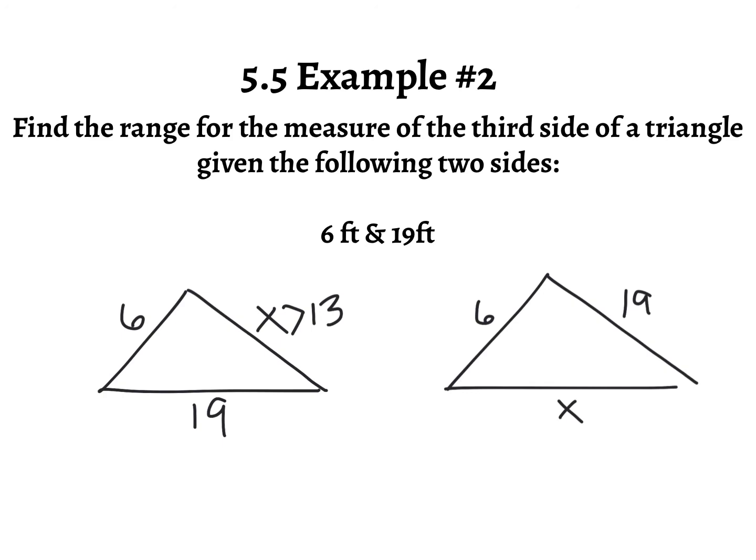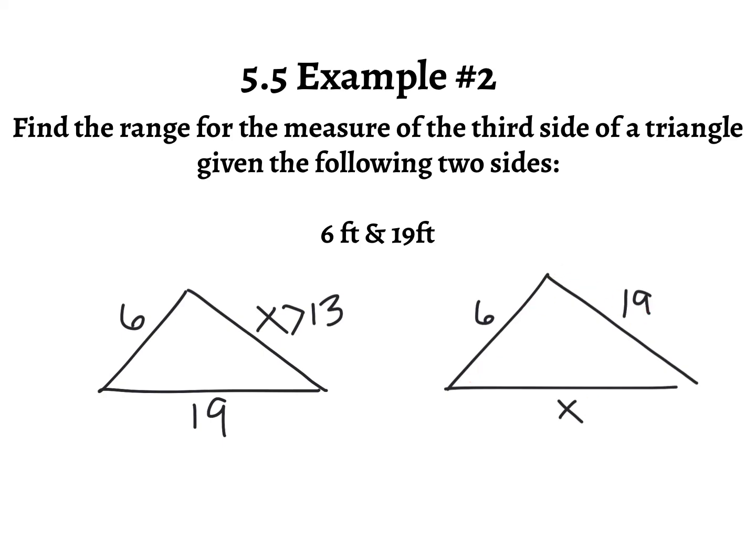What happens is if that piece is the larger, then adding 6 and 19 is 25. 25 has to be greater than this piece, right? Combining these must, in order for it to be a triangle, this third side has to be less than 25 in order for this to actually work.